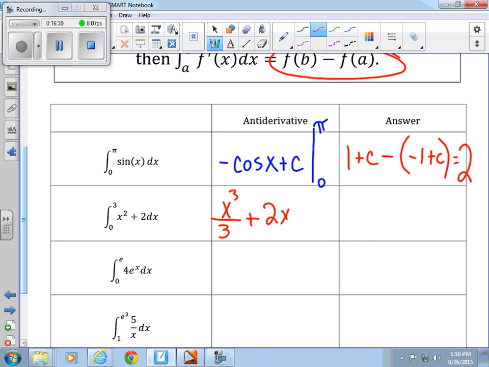Boom. And again, the notation is I'm going to put a 0 and a 3 there. I'm going to plug in a 3, and I'm going to plug in a 0, and I'm going to subtract. So that's what the formula said to do, the second part of the fundamental theorem here. I think y'all are overcomplicating this. Relax.